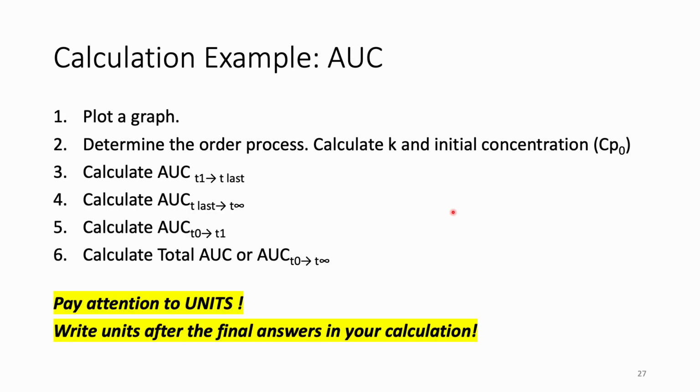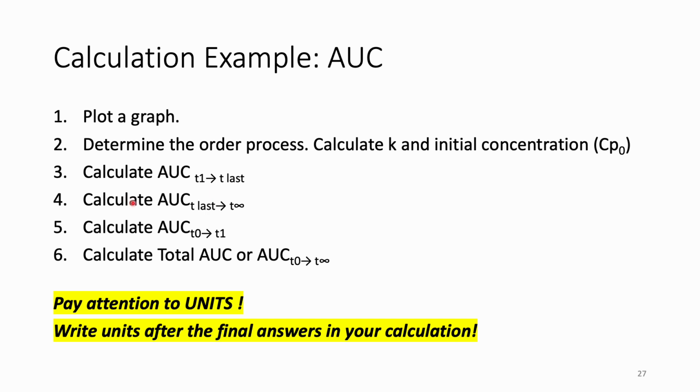Now we go to an example of how to calculate the AUC. These are the general steps you need to follow to obtain the information before you can calculate the AUC using the graph. First, you need to plot a graph. Then you determine the order of the process kinetics. From there, you calculate the elimination rate constant K and the initial concentration C0. After you have this, you use the trapezoid rule to calculate the AUC from T1 to T last based on the data you have.